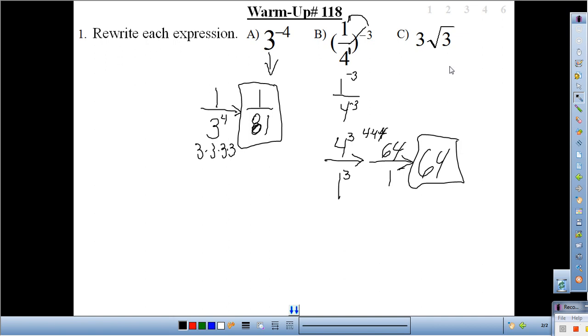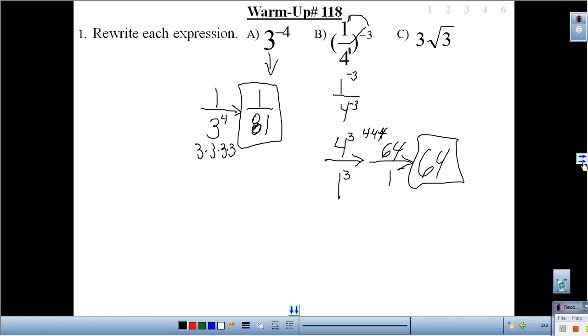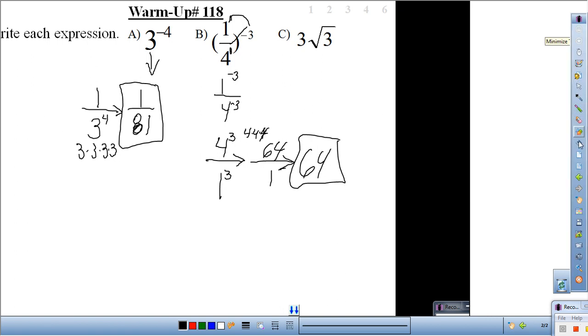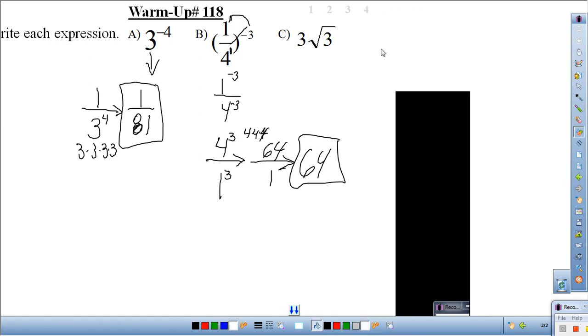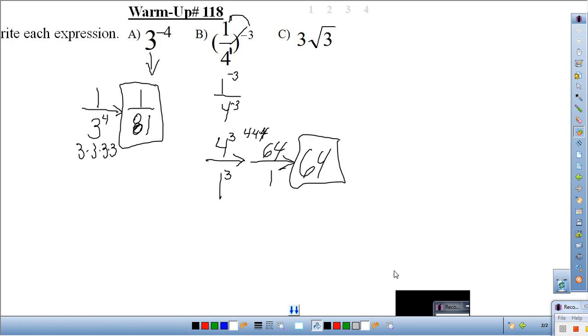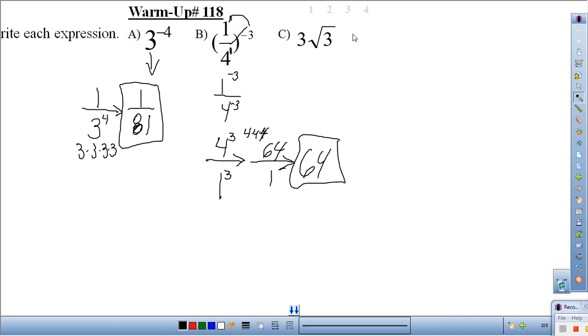Okay, let's go to this one. This is going to be an interesting one. So for this one, let me make some space. All right, so first of all, we need to rewrite this.